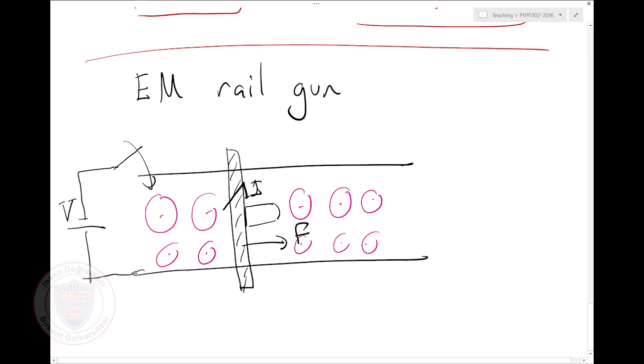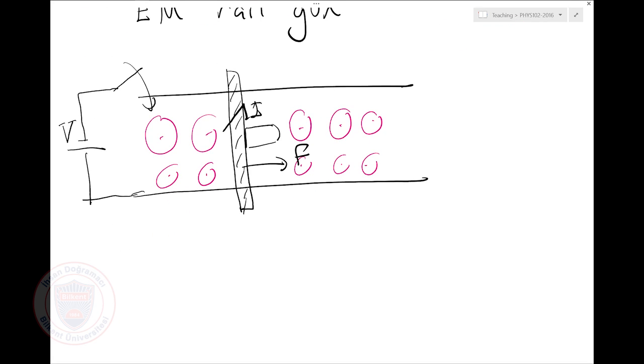But let's say all circuits have some internal resistance. So let's say there is the internal resistance R of this circuit. What will be the maximum velocity achieved in this electromagnetic railgun?